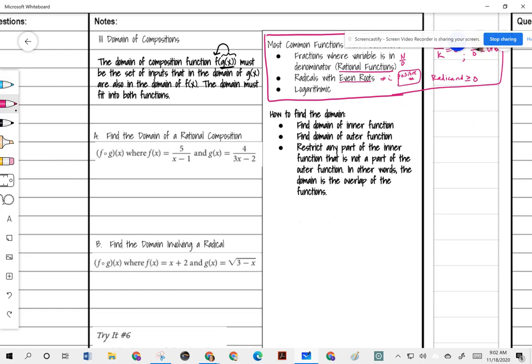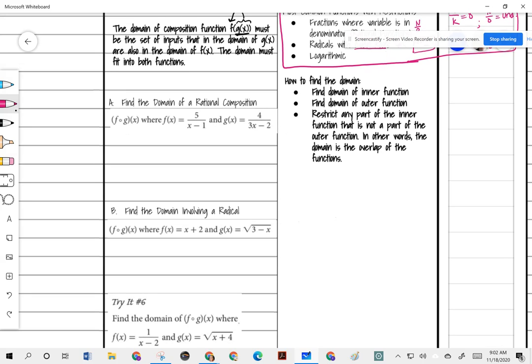All right, so let's take a look at A. It says find the domain of a rational composition. So let's take a look at the domain of f. So let's make sure that we know how to find the restrictions, and then we will look at the domain of g of x, right?